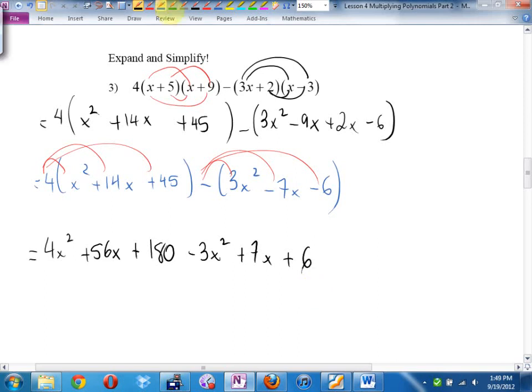Like terms, absolutely. Kira, what's my final answer going to be, kiddo? I agree. X squared plus 63x. I totally agree. Plus 100. Thank you for adding 180 plus 6 in your head without going to a calculator.